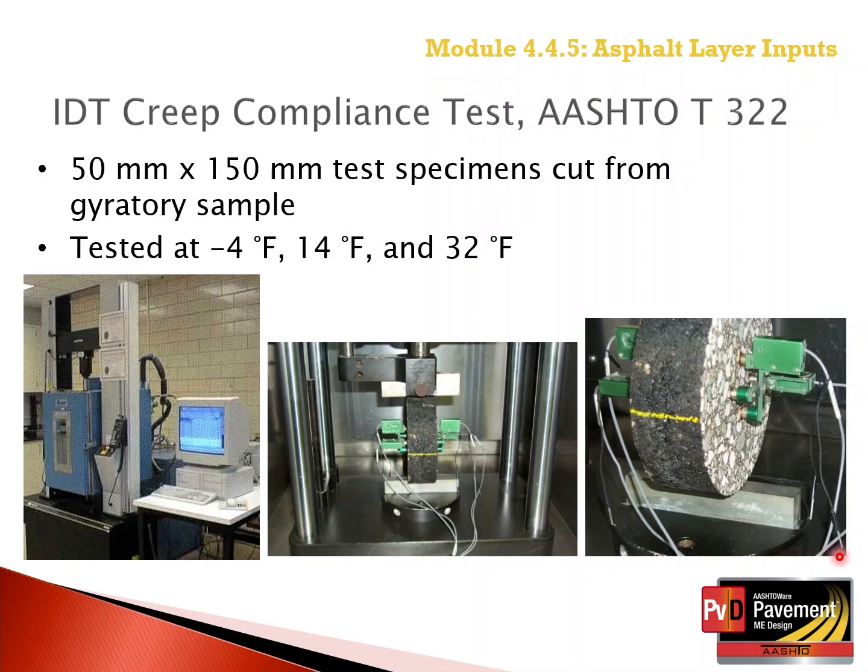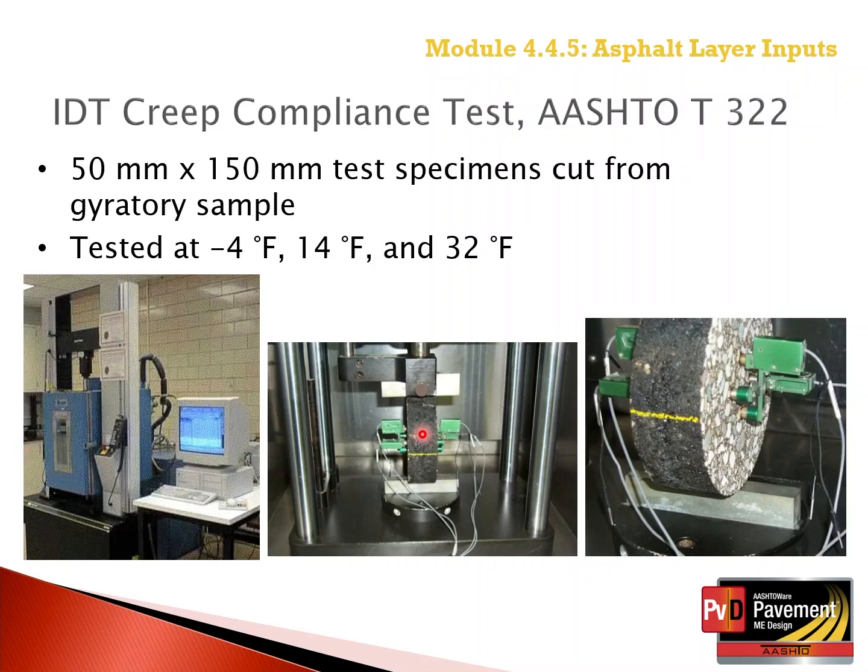The indirect tensile test apparatus is shown in this slide. The superpave gyratory compactor is used to compact a sample, and the test specimen is sawed to the defined thickness, as also shown, at 50 millimeters.